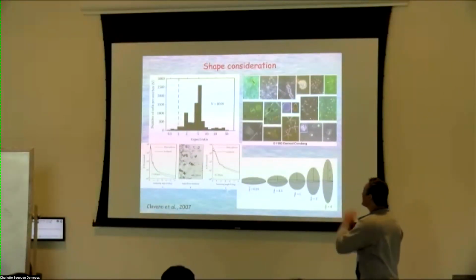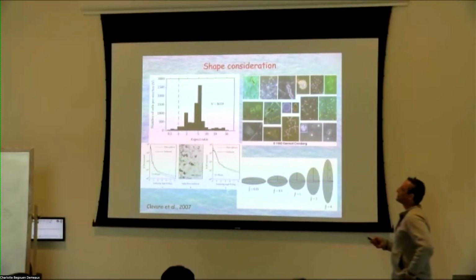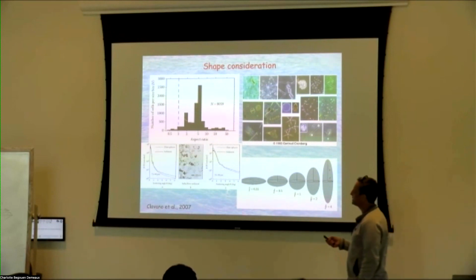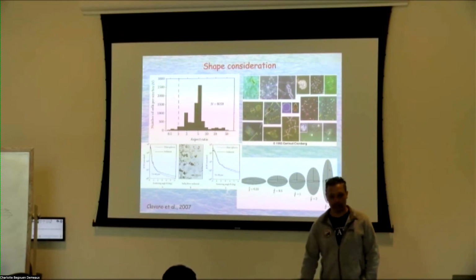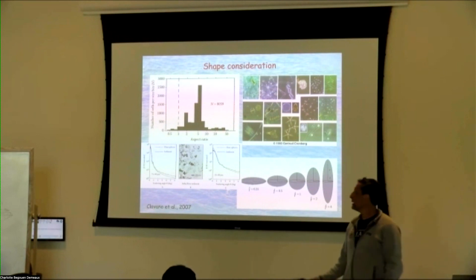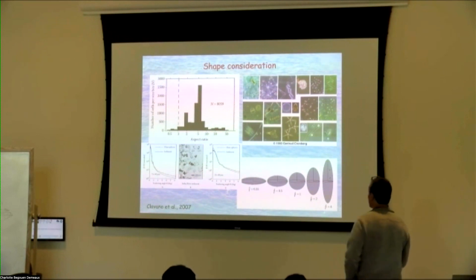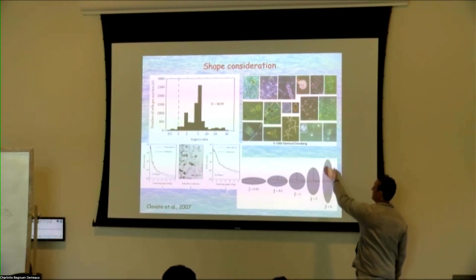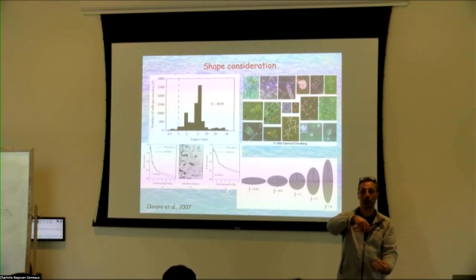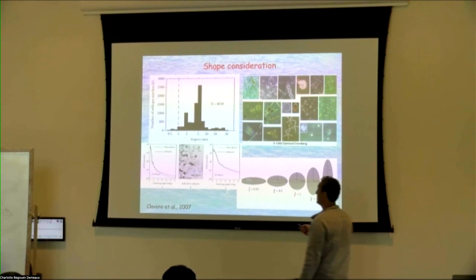So this is now shape consideration. This is a plot based on data collected in California by some water quality management program that looked at phytoplankton by microscopy for many years. And we find that on average, cells tend to be elongated like a football, much more than plate-like.